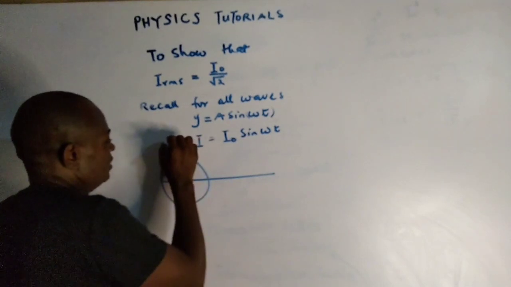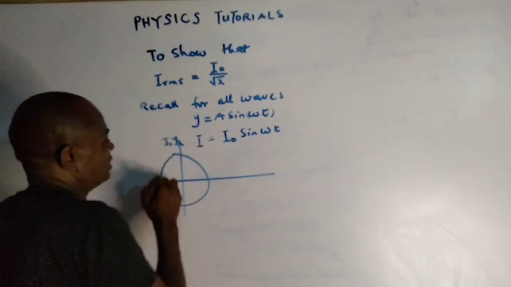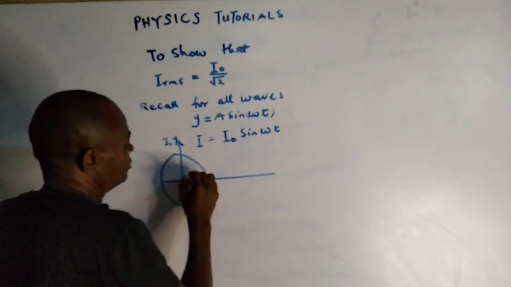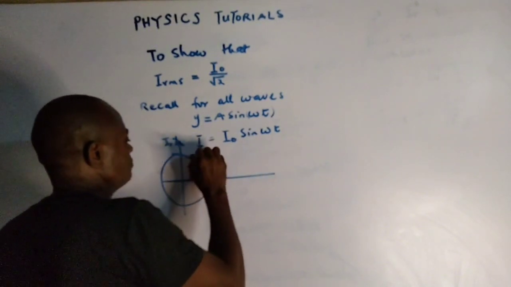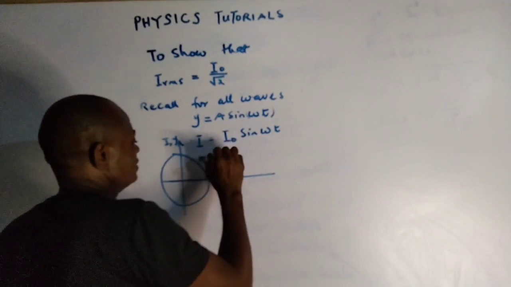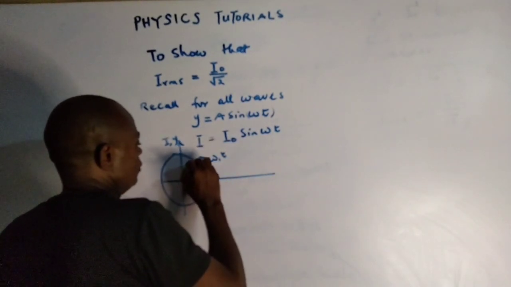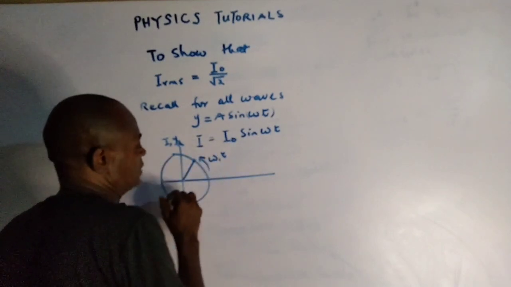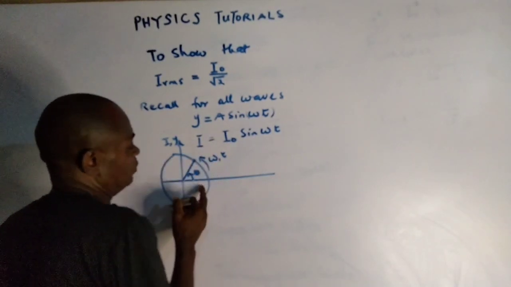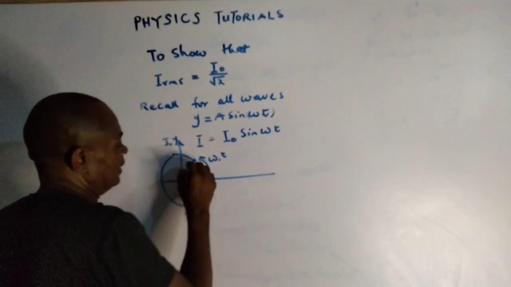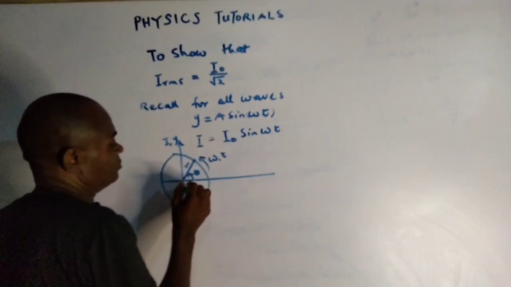Here is the vertical axis, I is along this side, the same as the y-axis. As the wave is moving angularly like this, the time is also changing. If a particle of the wave is spotted at a point, it would have moved an angle theta away from the origin.